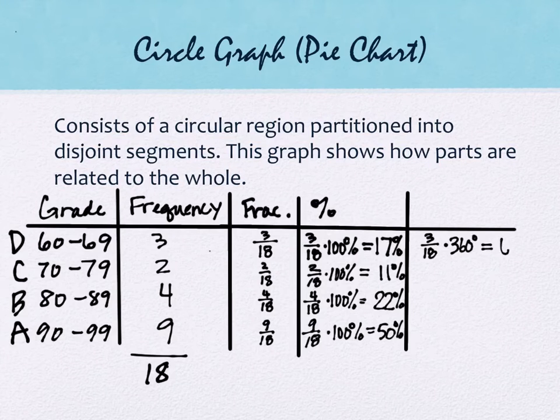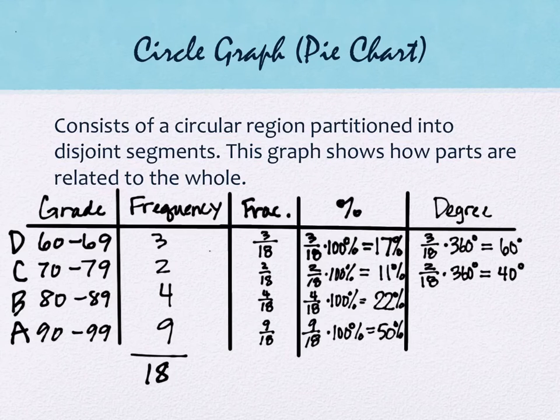Yeah, it's 60 degrees. So this column represents the degree in the circle. This one represents the percent, and then we had the fraction as our previous one. So yeah, it's 60 degrees. And then we're going to have 2 over 18 times 360. What will that be? 40 degrees.